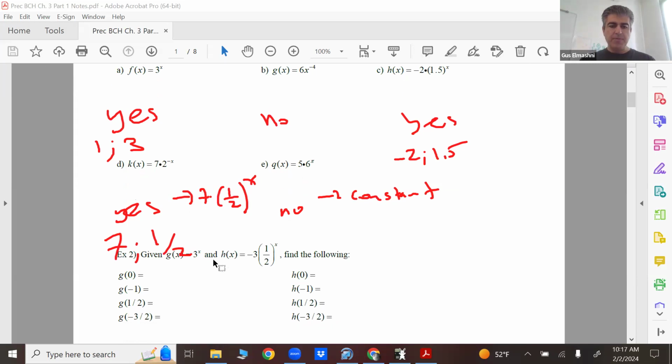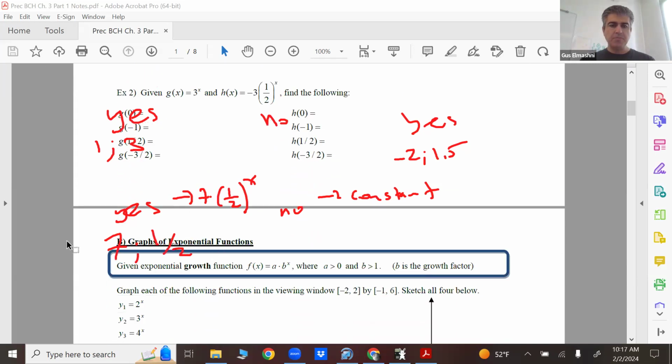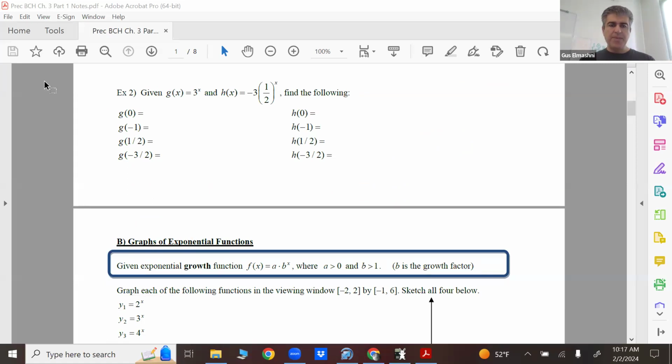Now for example 2. That's easy. G is 0. That's 1. 1/3. √3. And 1 over √27 or 3√3. I think. Yeah. -3. 6. -3 over √2. I think. Is that right? Yeah.